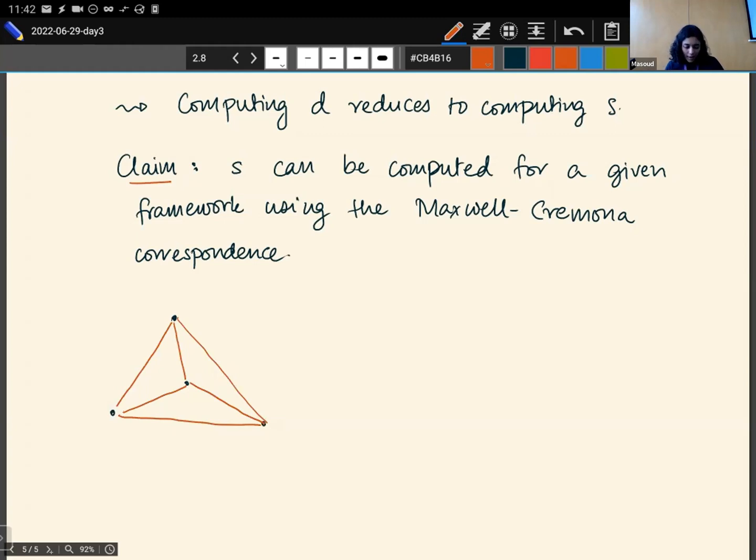It turns out that you can relate the calculation of the space of self-stresses to another vector space, which is called the vector space of Maxwell liftings of this diagram. So what's a Maxwell lifting? See the notes for details, but if you have a framework, you can look at its Maxwell liftings.